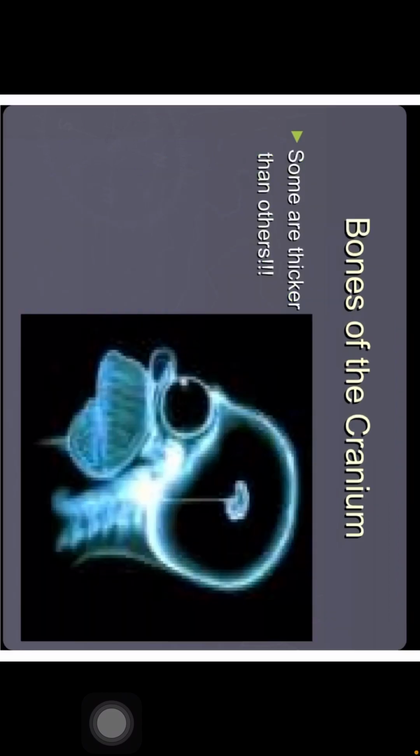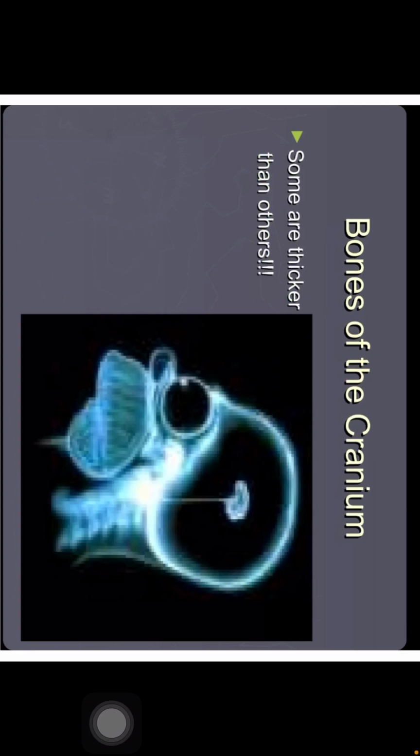So next is bones of the cranium. Some are thicker than others. These bones form the head. The cranium is made up of cranial bones that surround and protect the brain.